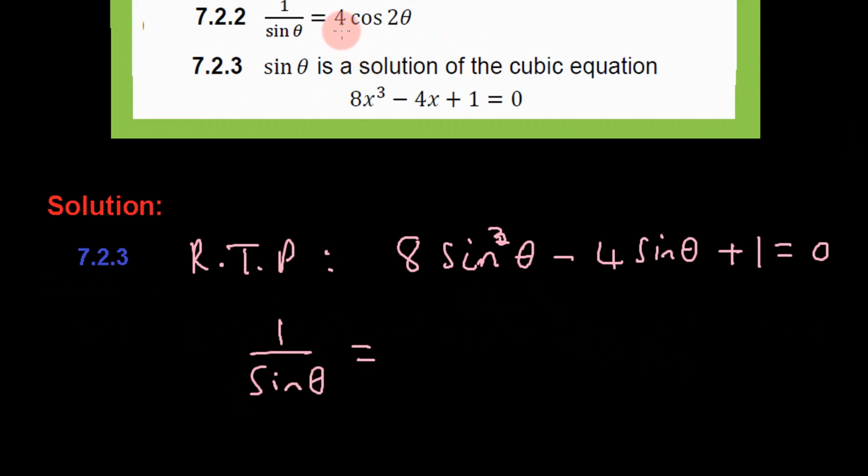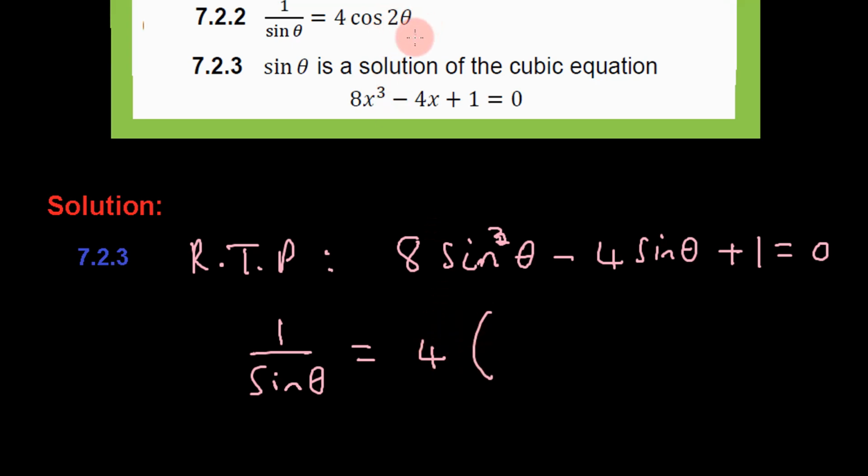On the right hand side, we have 4 cos squared, or rather 4 cos 2 theta. But as we said, this equation here is entirely in terms of sine only. So I'm going to use a double angle expansion to write cos 2 theta in terms of sine.